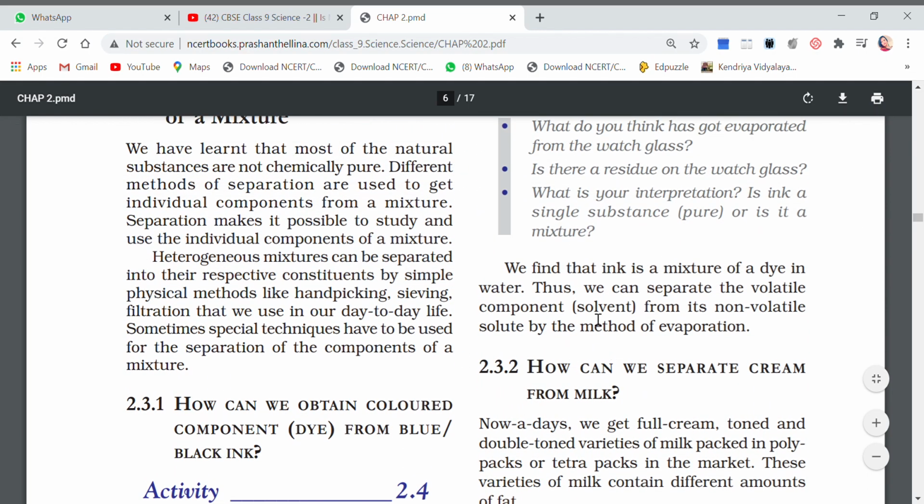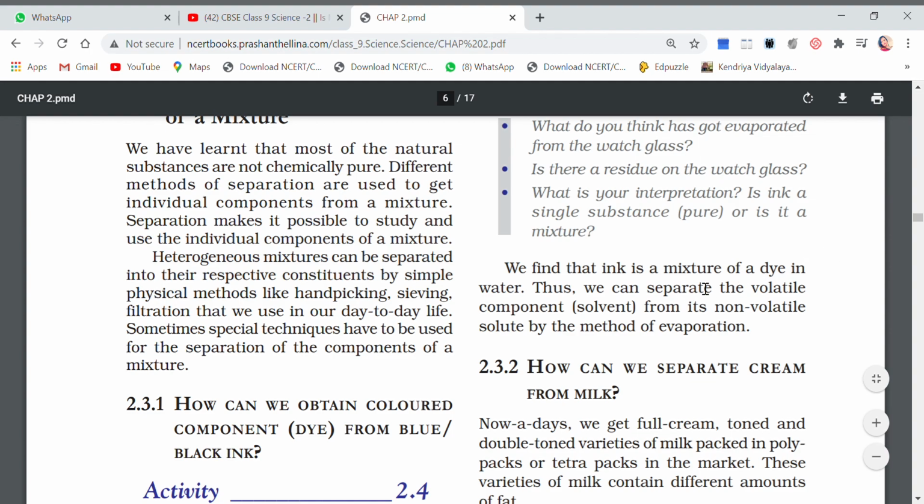The second question you have to write here is, what kind of mixtures can be separated by evaporation? Again, I am repeating this question. What kind of mixtures can be separated by evaporation?